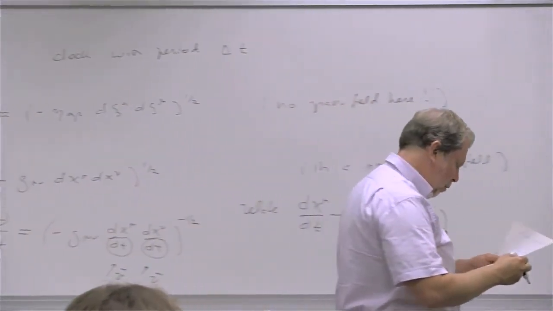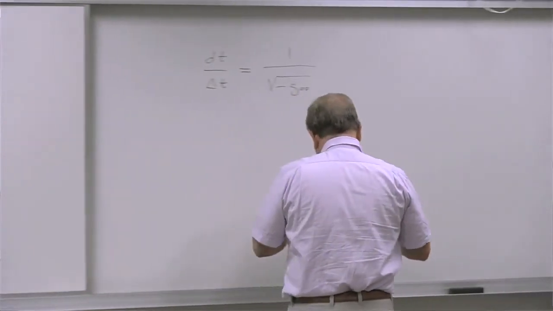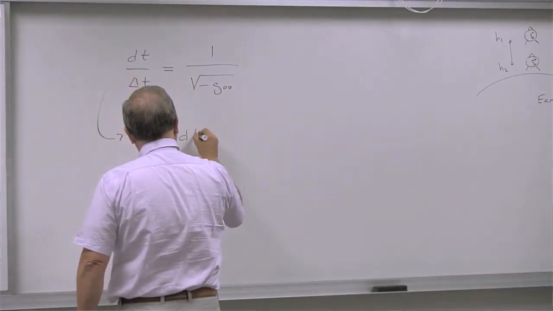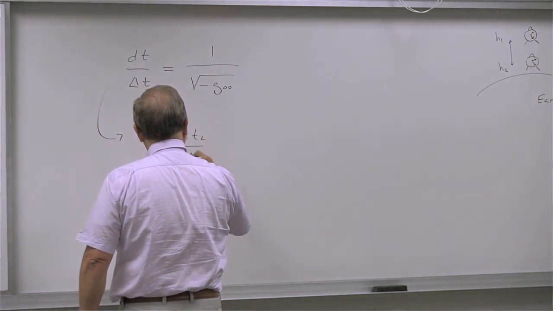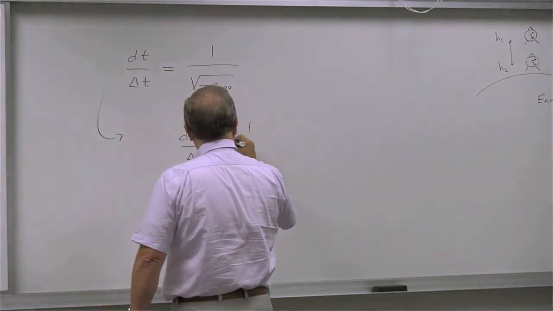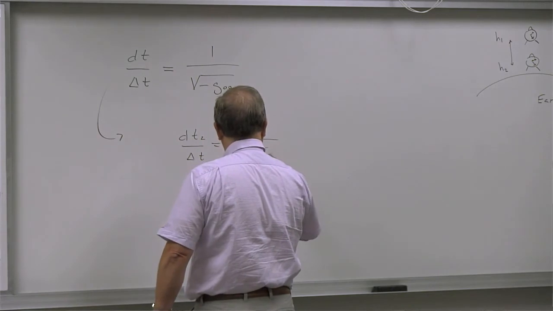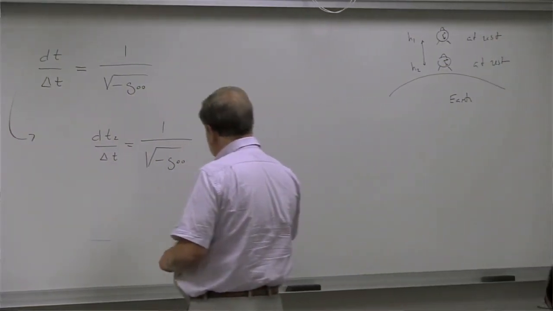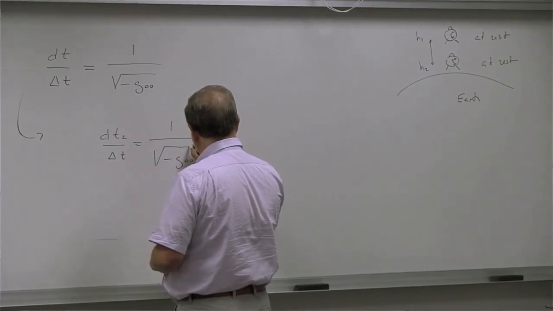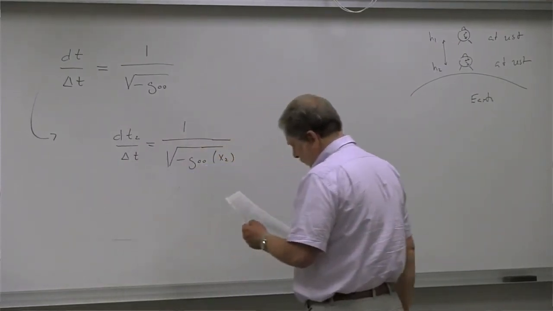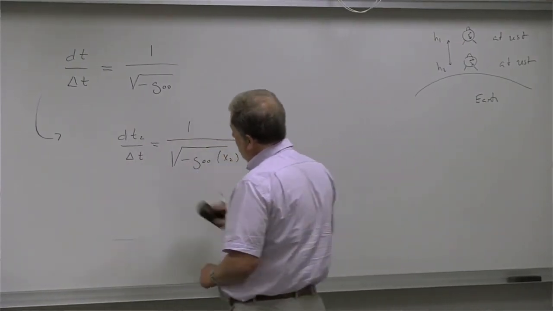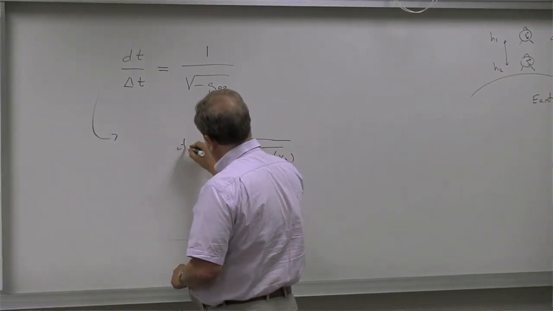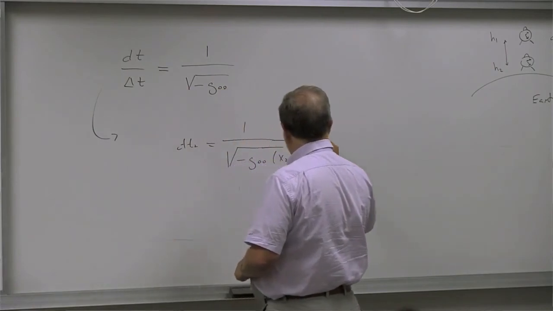So we're going to take the ratio. So we have that dt2 divided by delta t is 1 over the square root of minus g naught naught at the point 2. Or we can just write this as dt2 equals that times delta t.